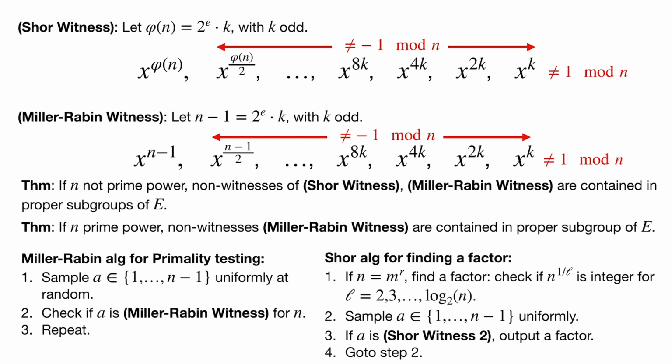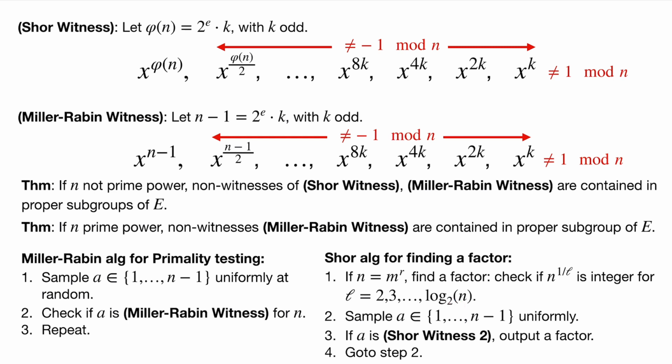If n is equal to some integer power, then this power r is at most log n. So we can check for all L up to log n whether or not n to the power 1 over L is an integer. And this can be done just with binary search. So it can be done efficiently, and there's only log n powers that we need to try. That's not too many.